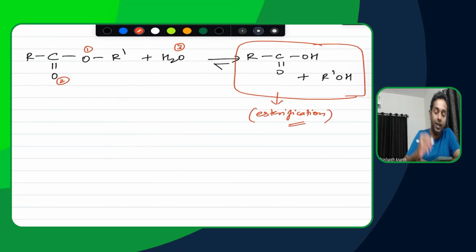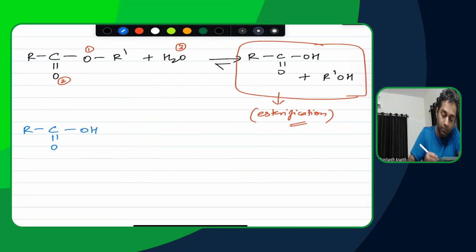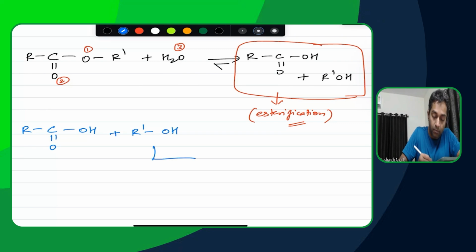Now, when you consider the esterification mechanism, how is that going to work out? So the product formed is going to be RC double bond OR dash plus H2O.